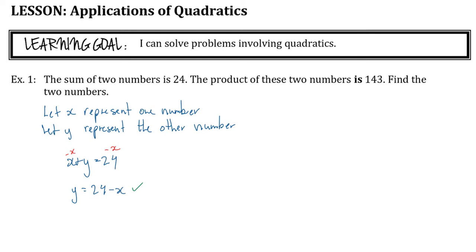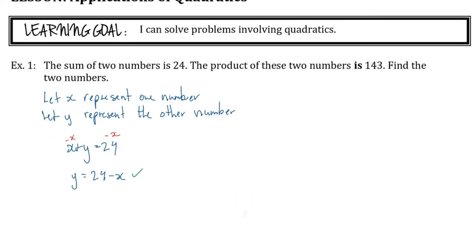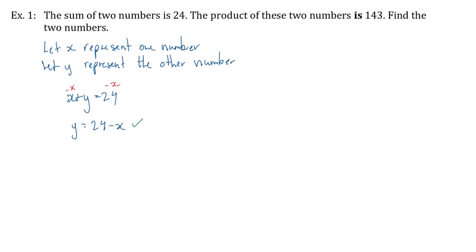Next, I'm moving over to the other part, the product of these two numbers. If you remember, product means multiply. So it means x times y equals 143. But now I have to have an equation that has only one variable. So I take this value of y and sub it in for y.